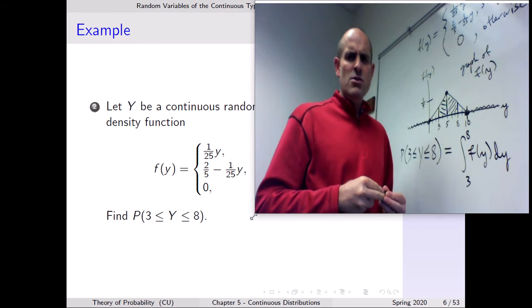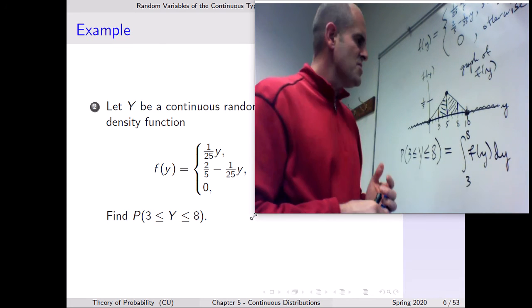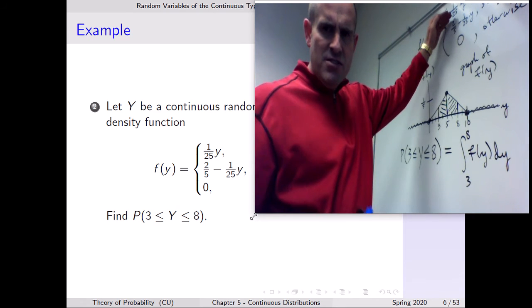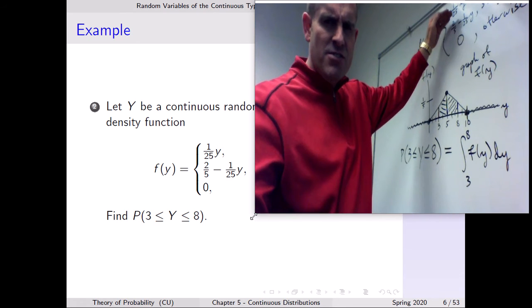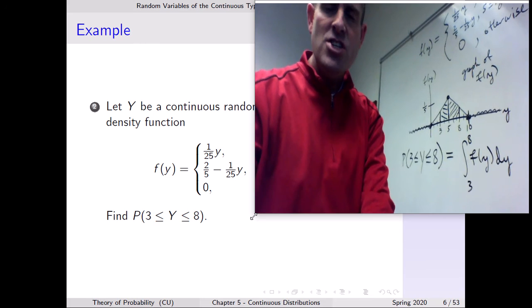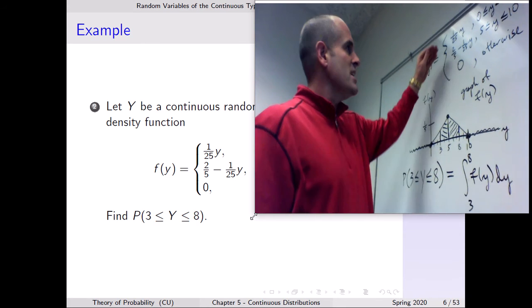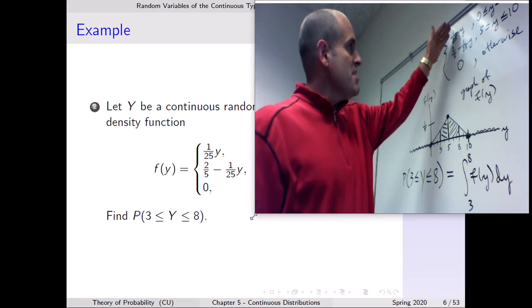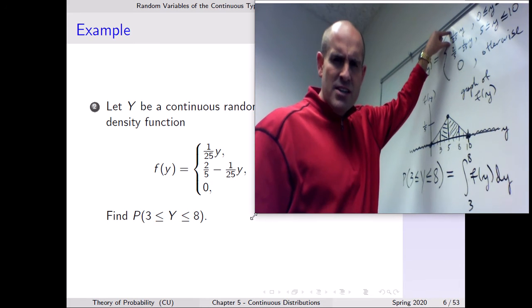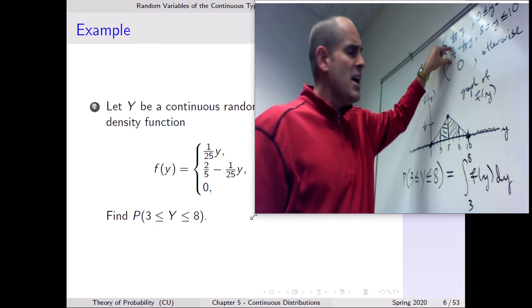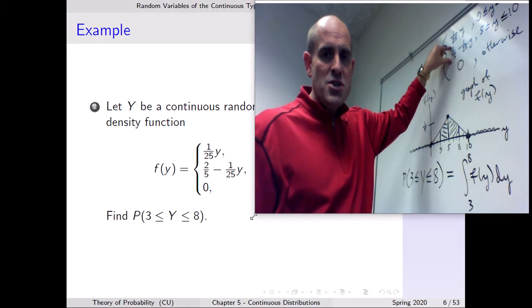Now, the issue with that is, remember, the definition of the function itself changes at y equal to 5. So from 3 to 5 you would be using this one, and from 5 to 8 you would be using the second definition right here.